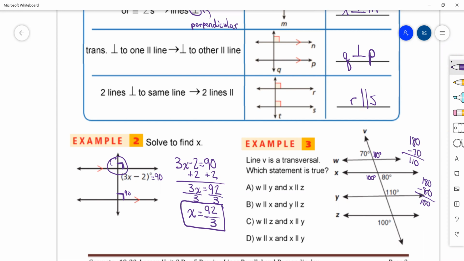So do we see two lines that both have 110 in them? Well, this line, W and Y, both have 110 as an angle. And it's the same, they're corresponding. So that means at a bare minimum, W is parallel to Y.